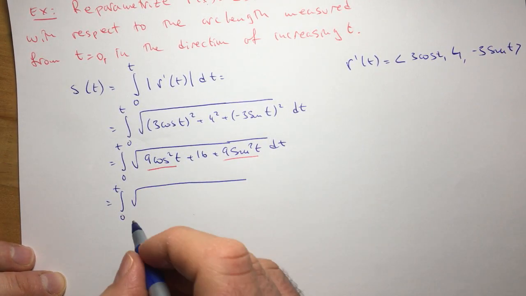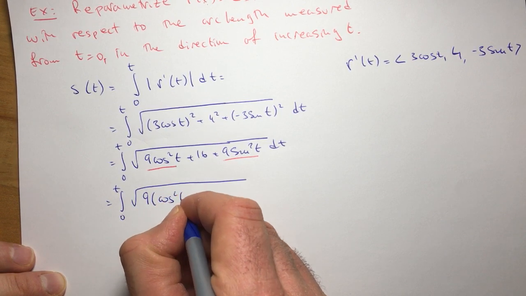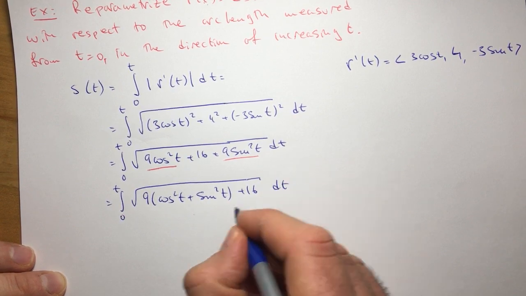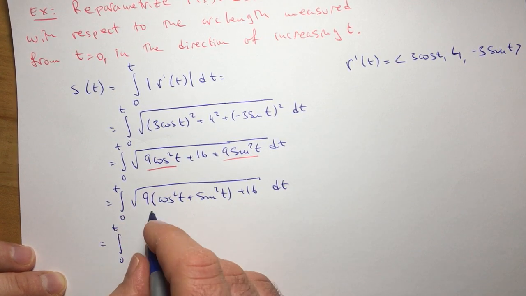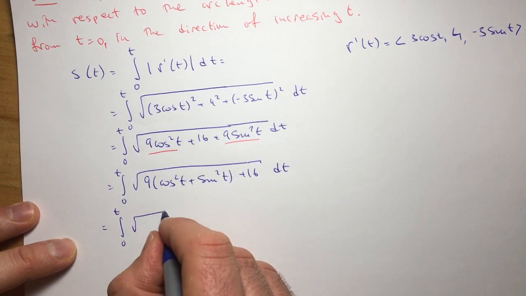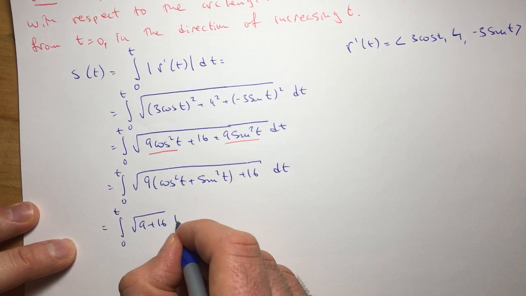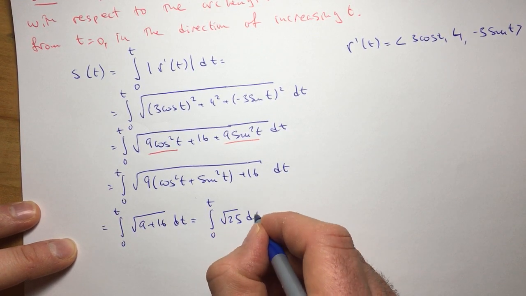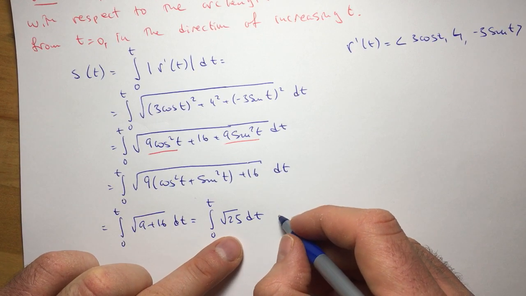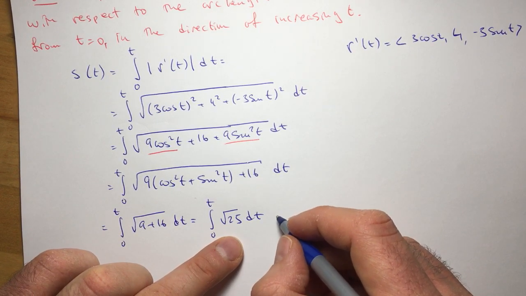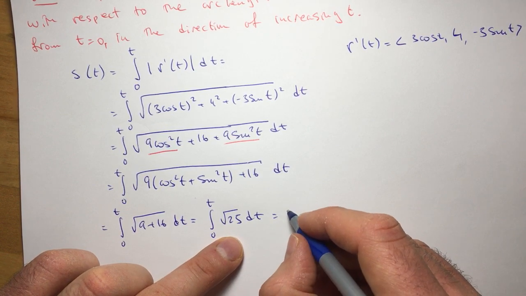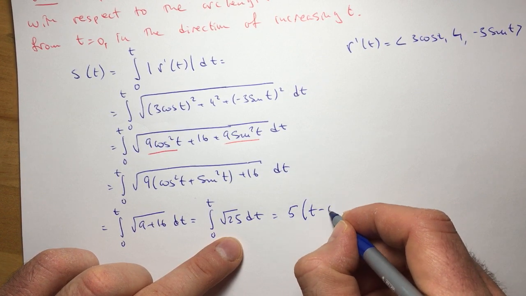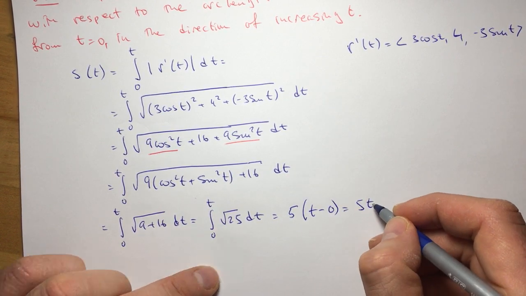Factor 9 for sine squared and cosine squared. Cosine squared plus sine squared is 1. 1 times 9 is 9, plus 16 dt. So you get the definite integral from 0 to t of the square root of 25 dt. The integral of the constant is 5t minus 0, which is 5t.